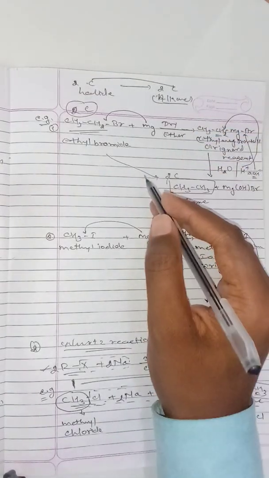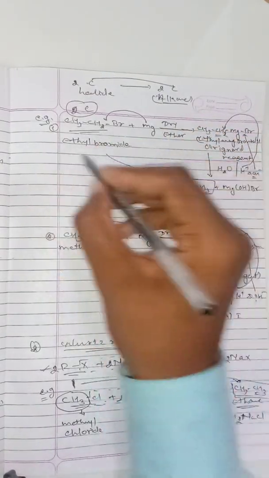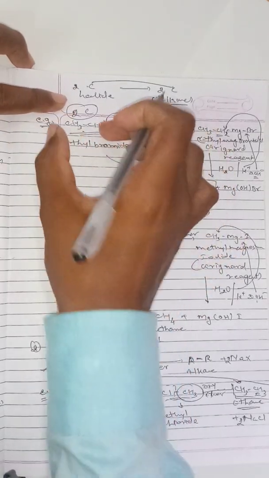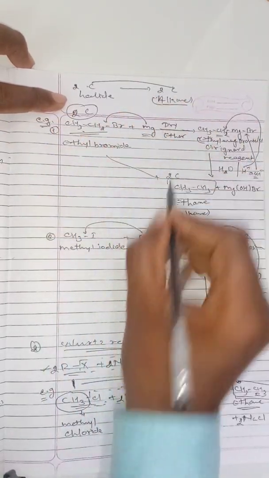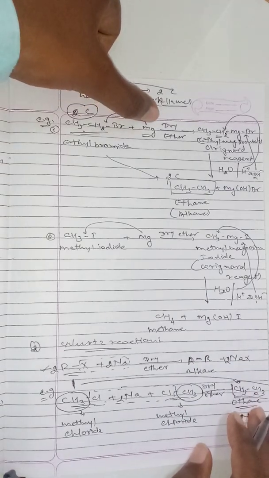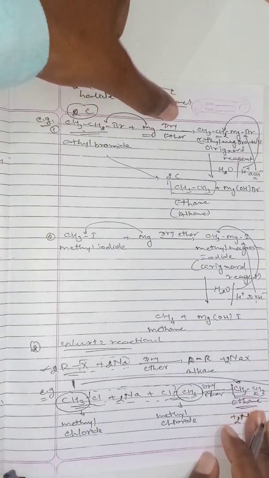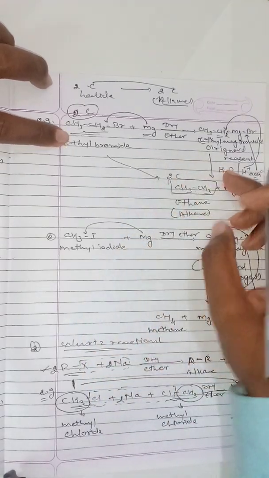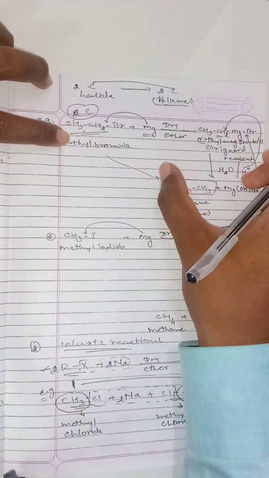So to summarize, suppose alkyl halide reacts with magnesium metal in presence of dry ether, Grignard reaction is carried out.